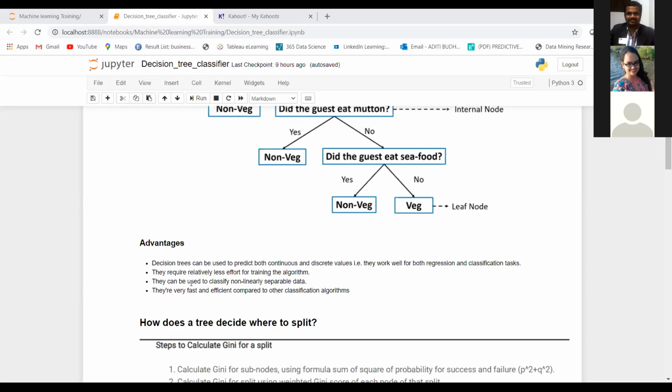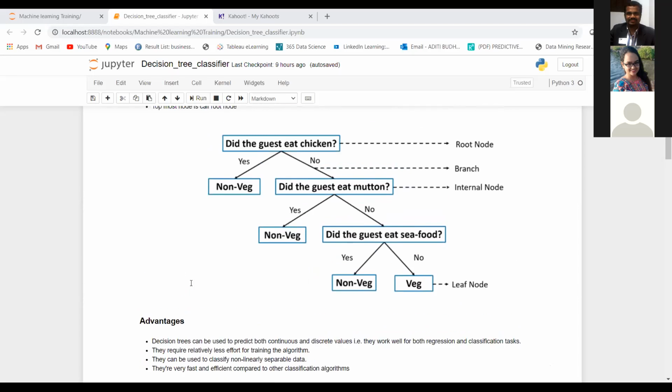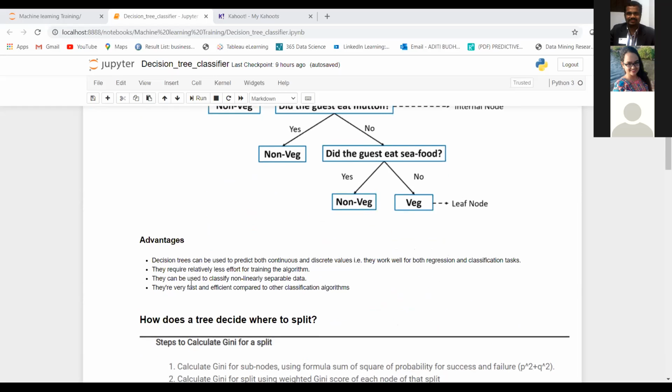So for non-linear data also you can use decision trees, and they are very fast and efficient. When you have very huge data, you might think of applying decision trees, because they are very efficient and very fast. So these are some of the advantages of decision trees.